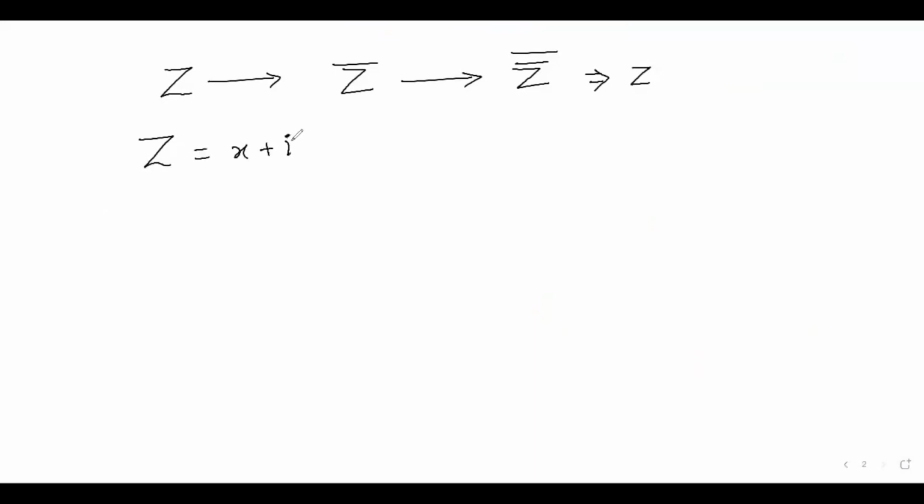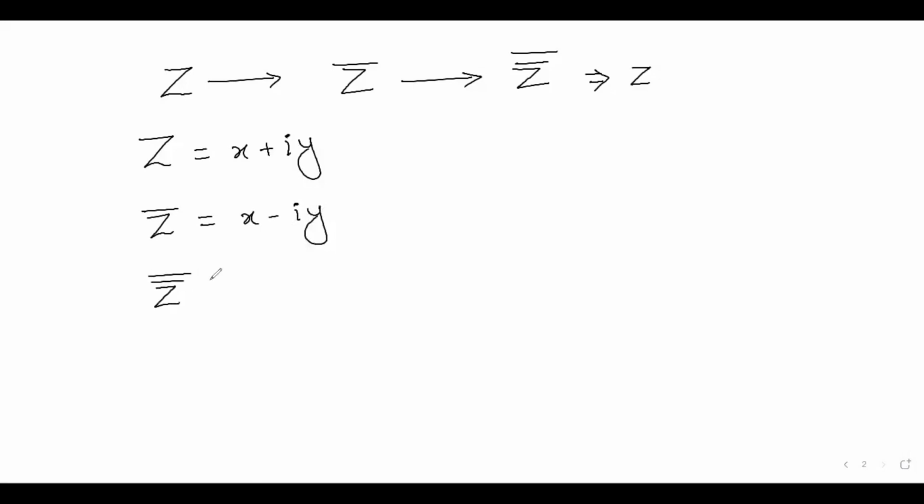Next, if we take the conjugate two times, let us suppose z is a number and we have taken its conjugate. If we again take the conjugate of this, that is the conjugate of the conjugate, we will get the same number. For example, if z is equal to x plus iy, then z conjugate will be x minus iy.